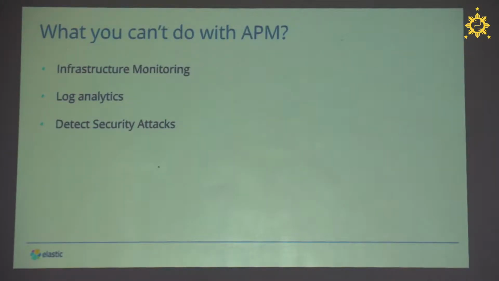So what it will not do is infrastructure monitoring, like server monitoring, or how much RAM the server is taking, or how much the CPU usage is. There are some additional parameters that are outside your application boundary. You will not be able to see that, right?